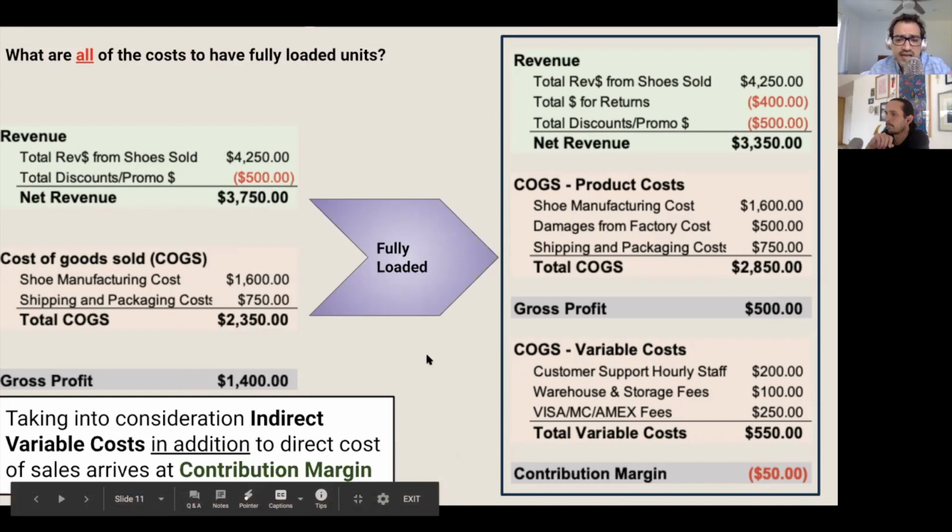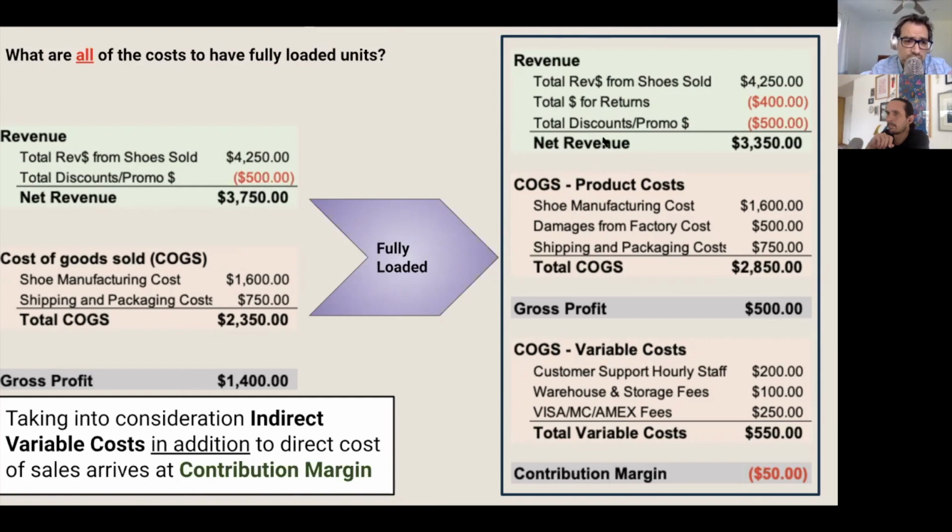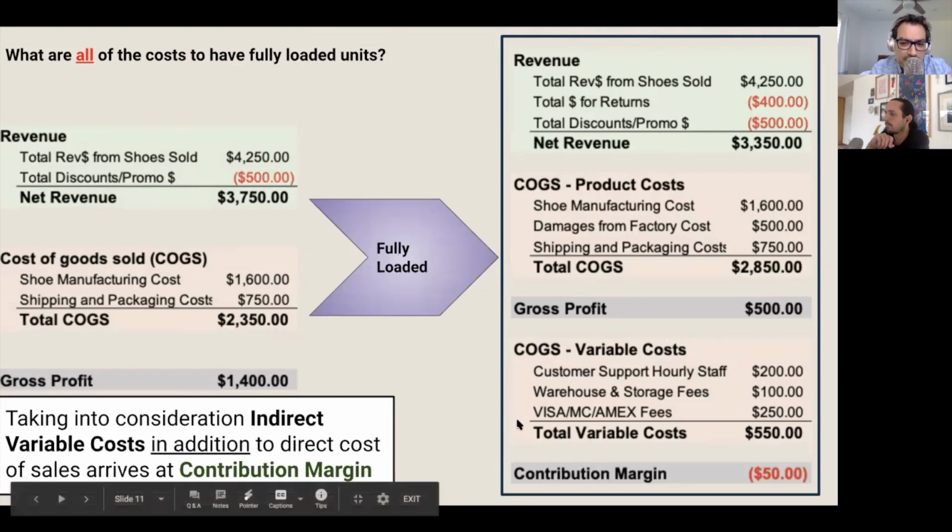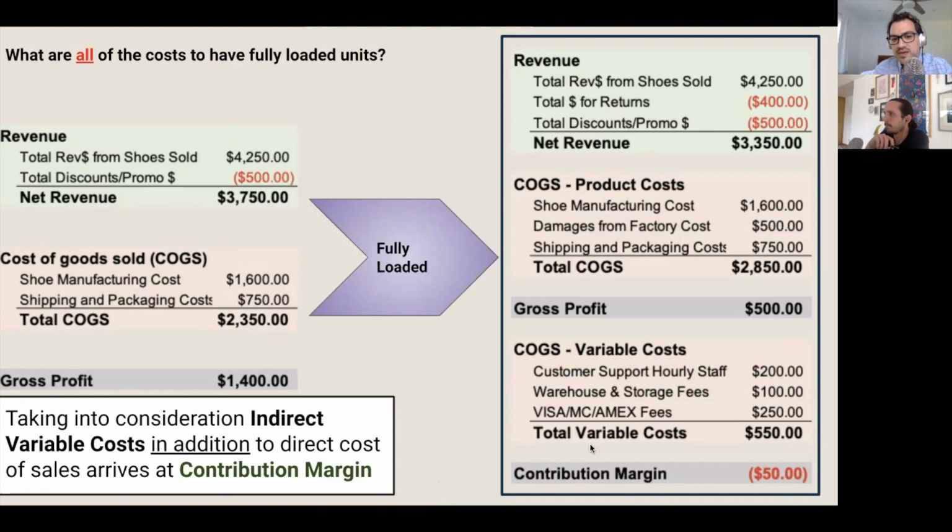You may notice that in this example, we've done a little bit more than that. In the revenue section, whereas before the revenue was shoes sold at discounts, now we've also added returns. In the cost of goods sold, not just the shoe manufacturing cost, but shipping and packaging, we've also added damages from the factory cost. This is just to illustrate that not only do you need to bring up the indirect variable costs above the line, but there may be some other things that one is omitting and not realizing that they should be counted.